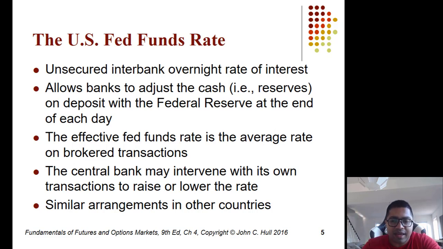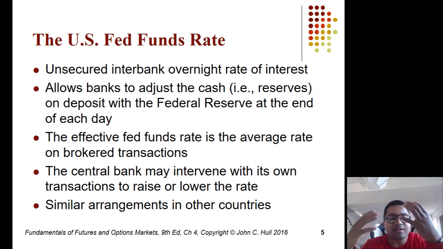If they have a positive balance, they lend it to banks that need it, and if they have a negative balance, they will borrow from banks that have it. So there is continuous overnight borrowing between banks to meet Federal Reserve requirements.